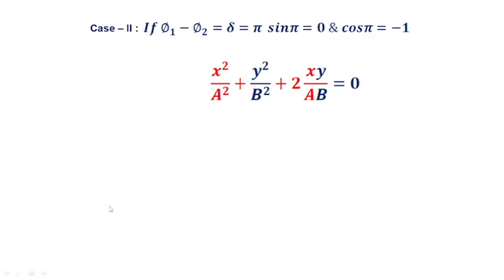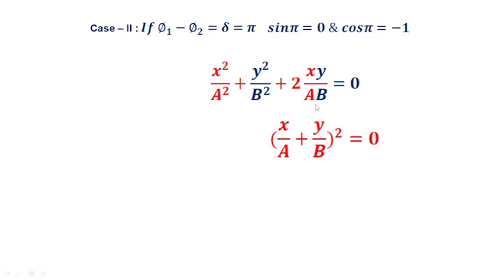Now second case: if phi 1 minus phi 2 is equal to delta is equal to pi, so sine pi is equal to 0 and cos pi is equal to minus 1. So we will get x square divided by a square plus y square divided by b square plus twice xy divided by ab is equal to 0.